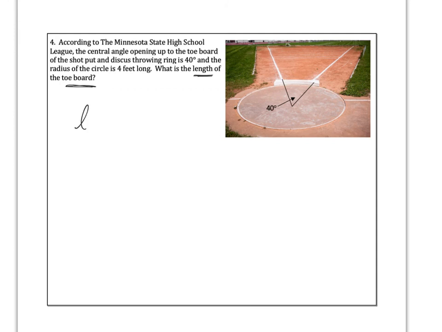So we're going to use our formula for length of an arc, x over 360 times 2 pi r. It tells us this angle is 40. So our formula should go 40 out of 360 times 2 times pi, and does it tell us the radius? If you go back and read up here, it does say the radius of the circle is 4 feet.